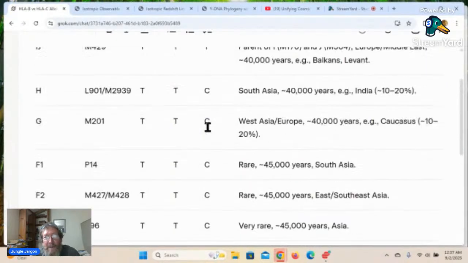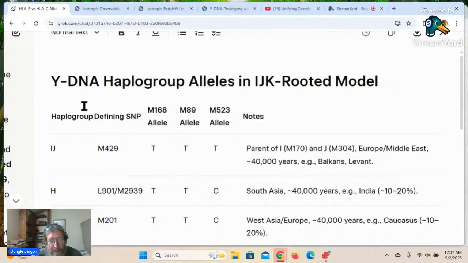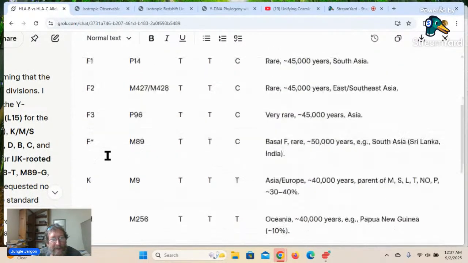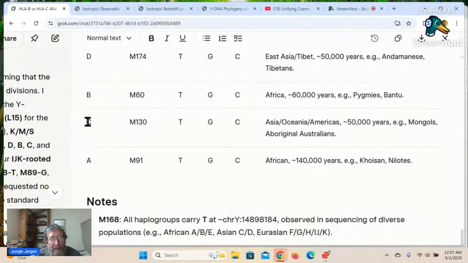But anyways, that's the way it was before. We'll still have to double check everything, and if this is correct, it's better than it was before because we don't have the problem of Nimrod having the M168 and his father Cush not having it.